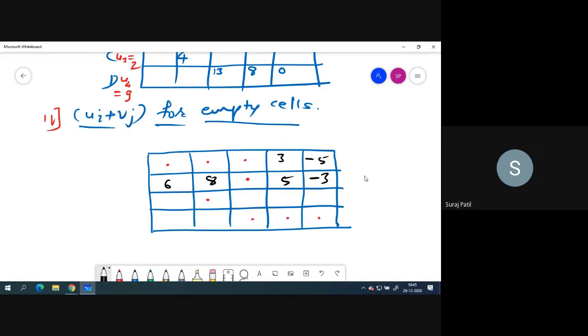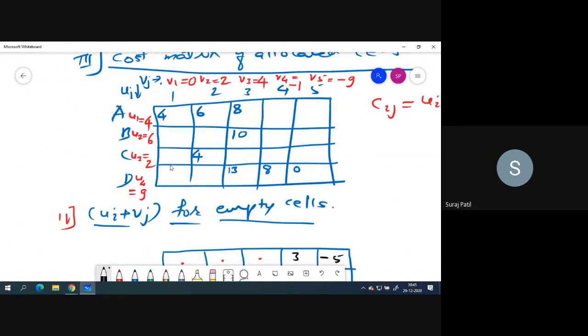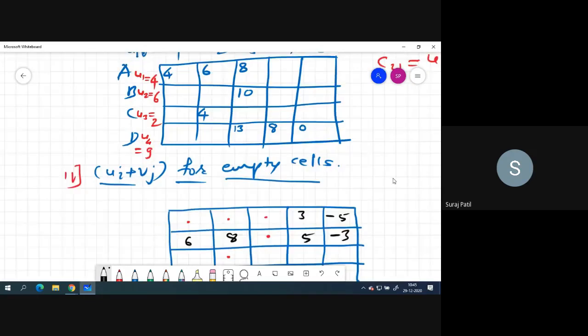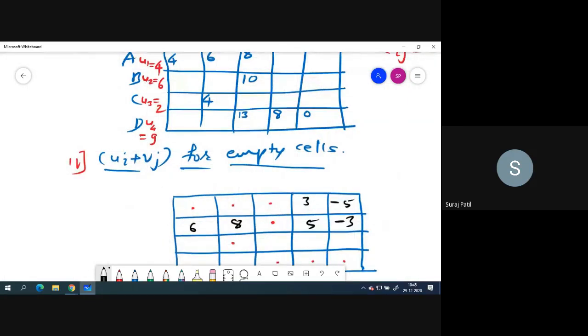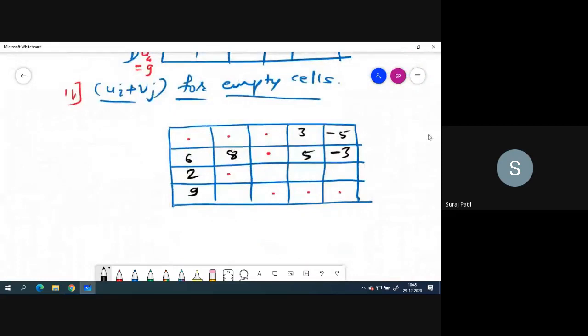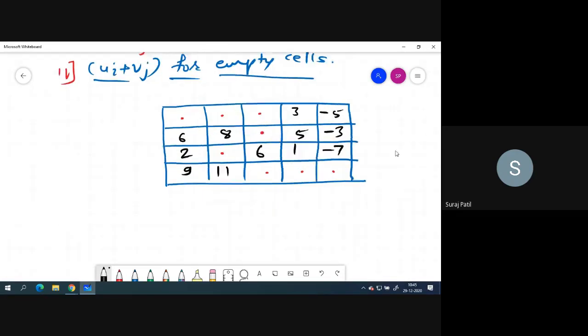And what about this? 2 plus 0 is 2, and 9 plus 0 is 9. And write these two. Then what about this? 9 plus 2 is 11. And similarly, these are 6, 1, and minus 7. Okay.